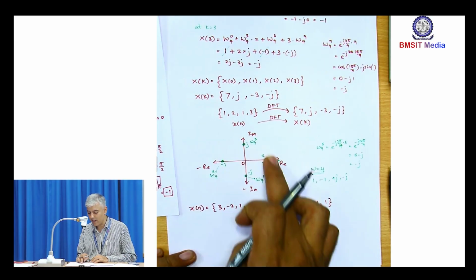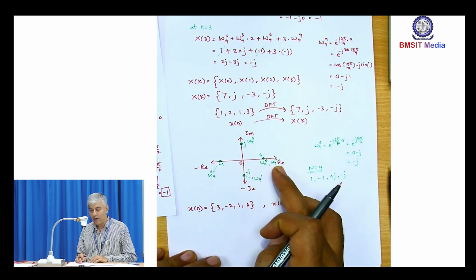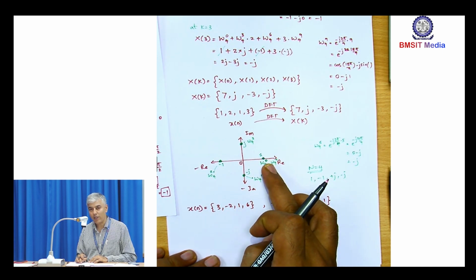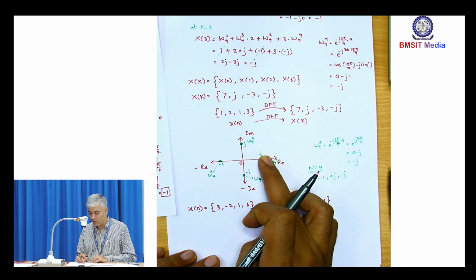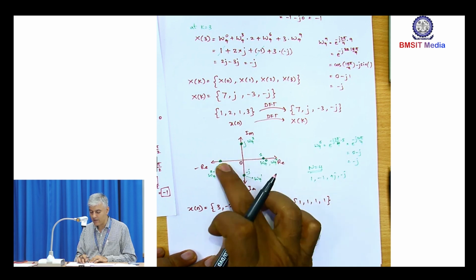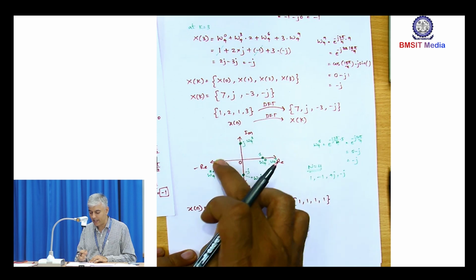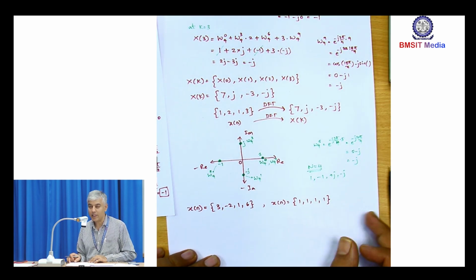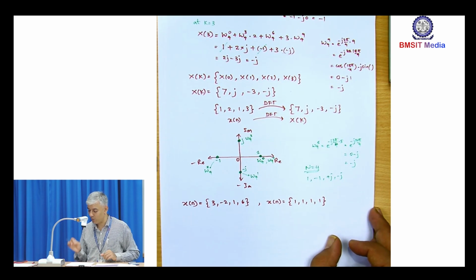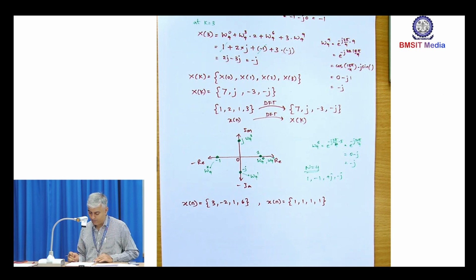You can write this representation and begin with W4 raised to 0 over here, 0, 1, 2, 3, 4, 5, and so on up to 19. This representation makes it easy to effectively and efficiently calculate the discrete Fourier transform. So this is the example for 4-point DFT.